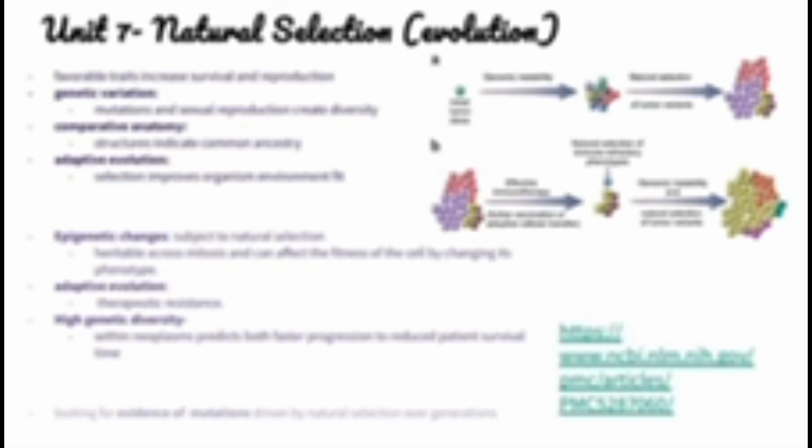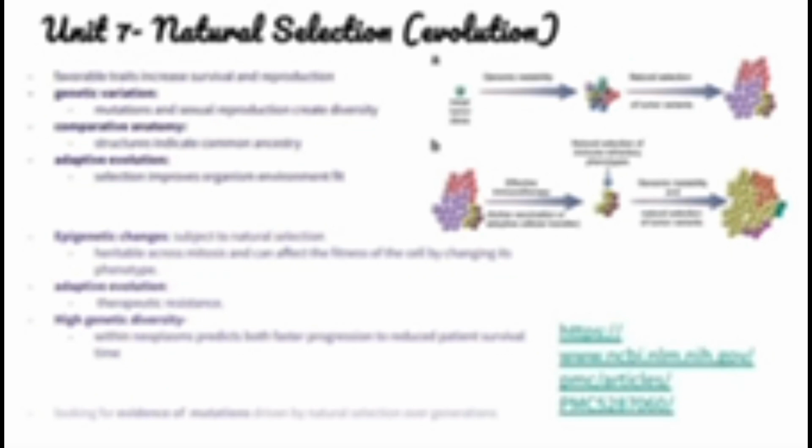As you can see on the right, there's natural selection of tumor variants, where the tumor isn't growing as fast, and then in B, natural selection makes the tumor immune to therapies like radiation therapy.